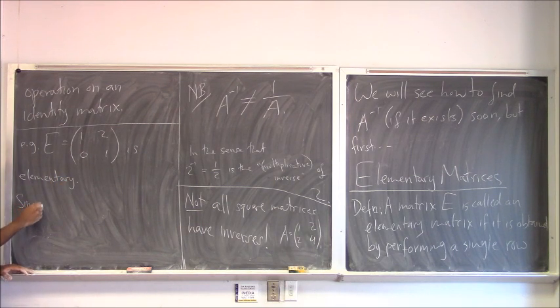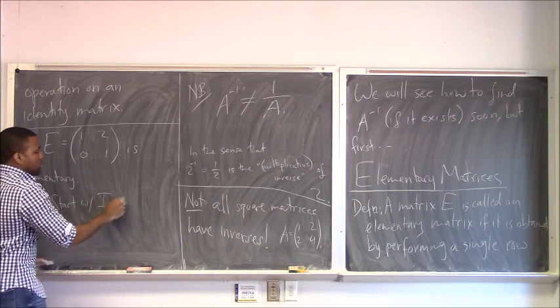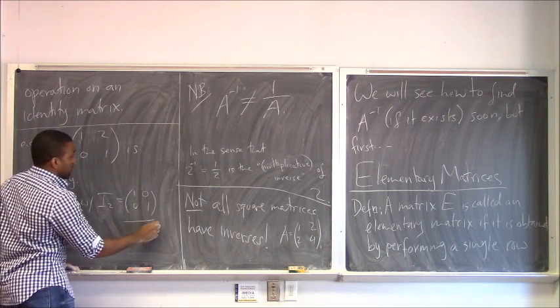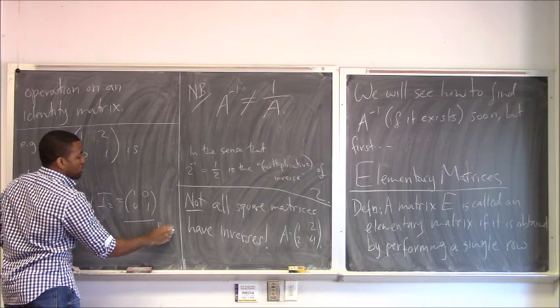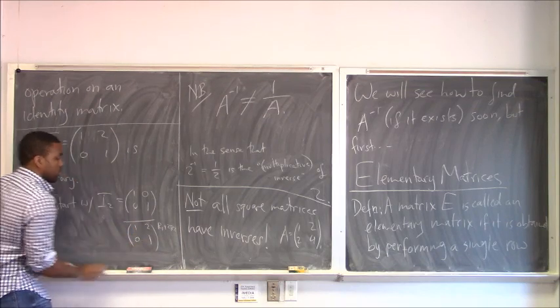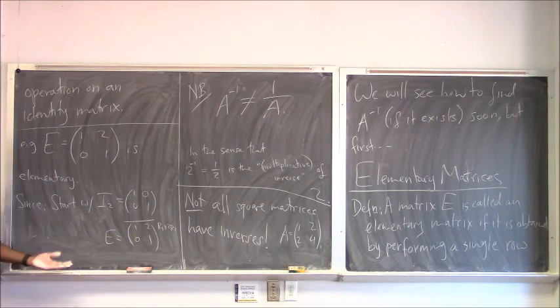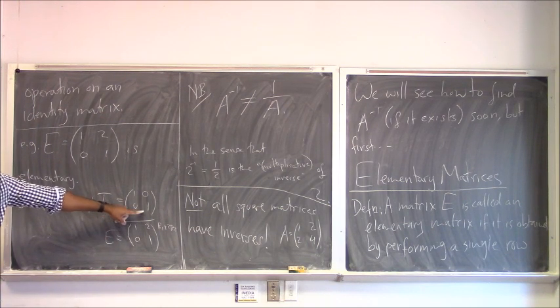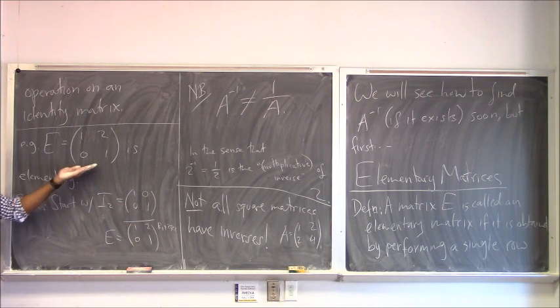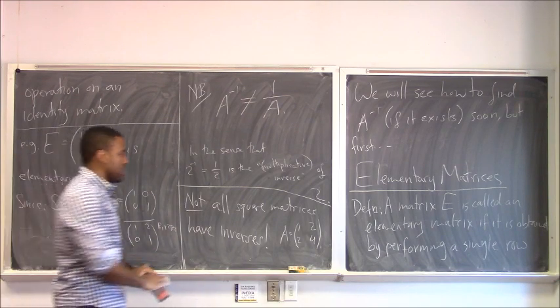Since if you start with I2, which is 1, 0, 0, 1, and then take row 1 plus 2 row 2, which is a type 3 operation, that gives you 1, 2, 0, 1, which is E. So notice that this is the matrix I obtain by multiplying the second row by 2 and adding it to the first row. Okay? So this is a 2 by 2 elementary matrix. There are an infinite number of them. You can perform any operation you want.